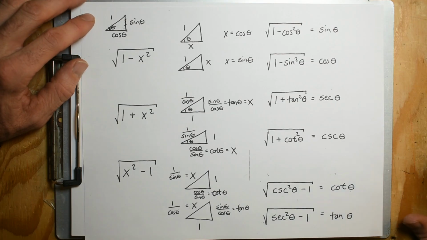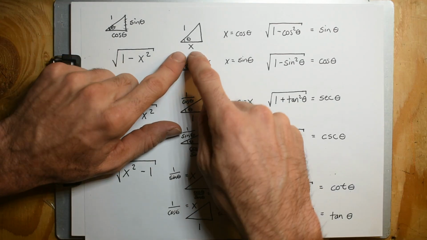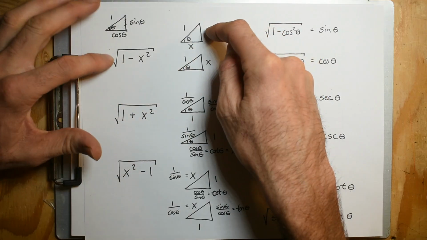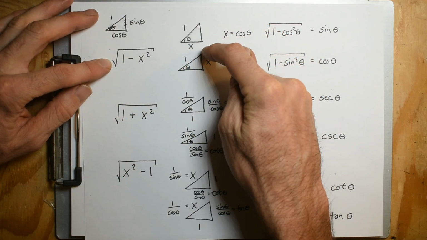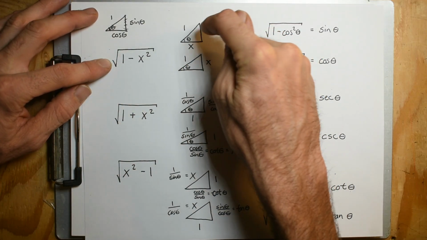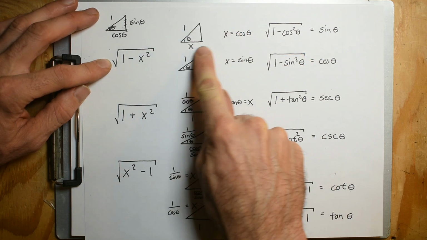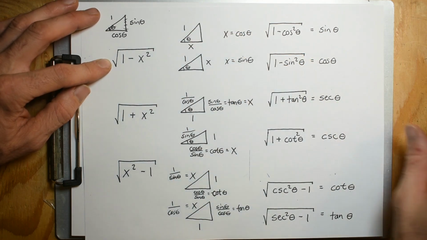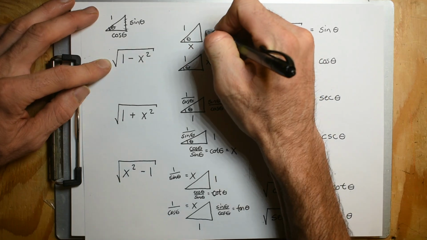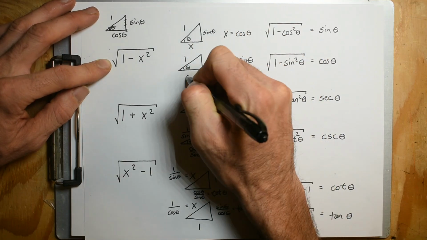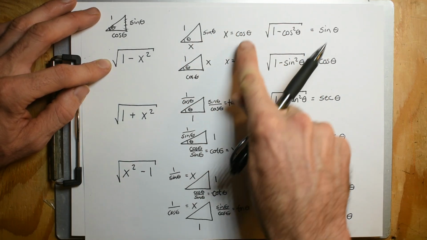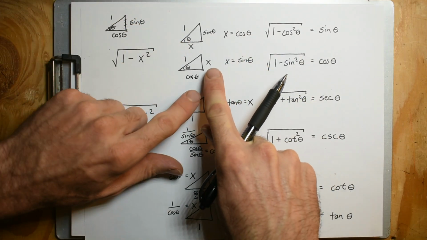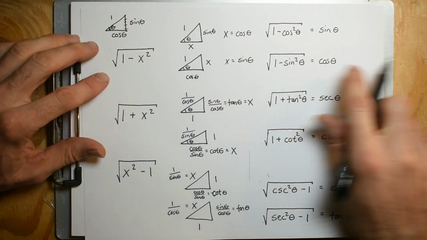So that's the simplest: if the hypotenuse is 1 and this is sine theta, x has to be cosine theta. Even in this one, x right here is cosine theta, and then x right here is sine theta.